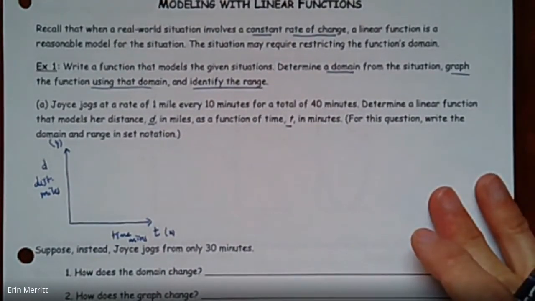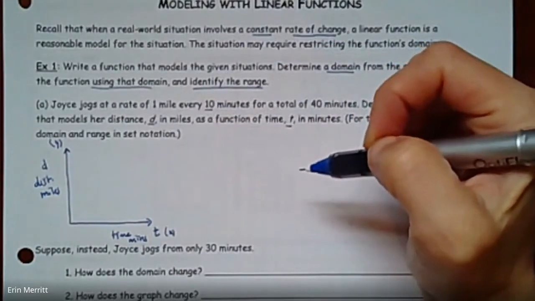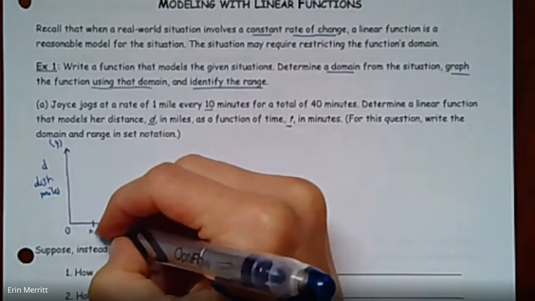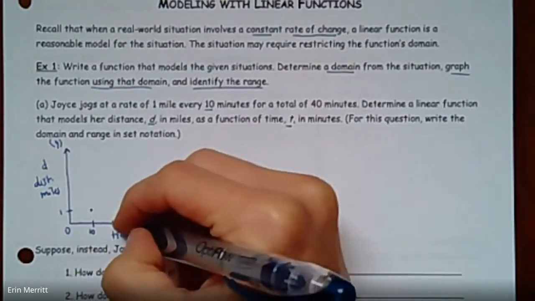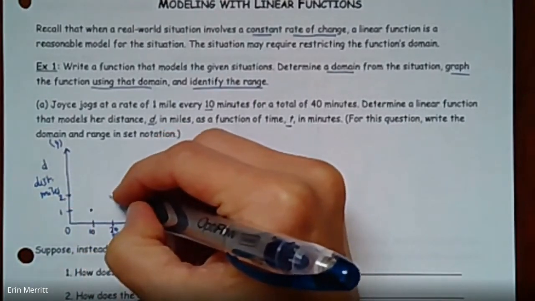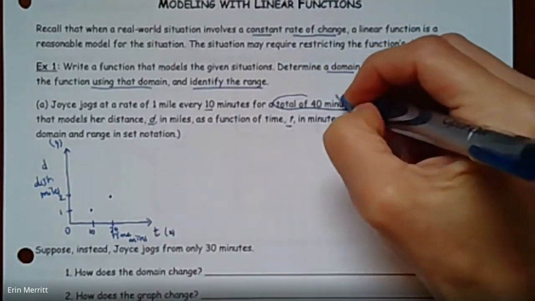And then it's saying that for every 1 mile, it takes her 10 minutes, right? So down here, we got 0. We would say after 10 minutes, then she's gone 1 mile. And then after 20 minutes, she's gone 2 miles. So her pace makes it really easy to figure out what's going on for a total of 40 minutes.